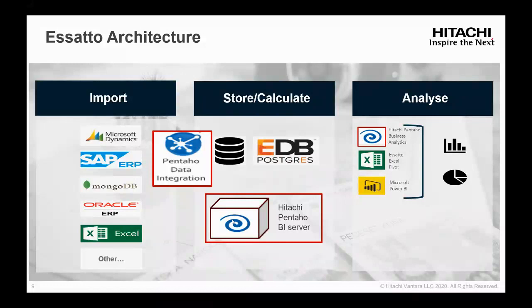We have a data store embedded, and we're also leveraging the Hitachi Pentaho BI server as part of our solution. On the analytics side, we're leveraging the Pentaho business analytics component, and you can see the other components of the solution that sit there.